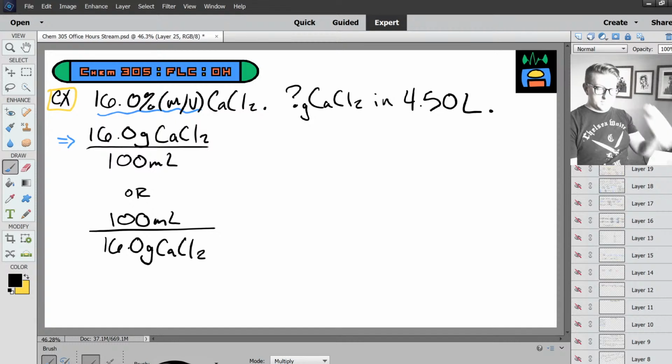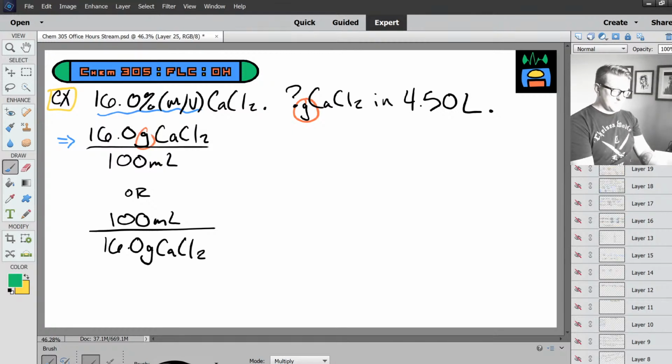Now, you'll notice here that we want to know grams of calcium chloride, and we have volume in the denominator, but our volumes are different units. So before we can multiply this by our volume, we need to do a unit conversion to convert our milliliters into liters.